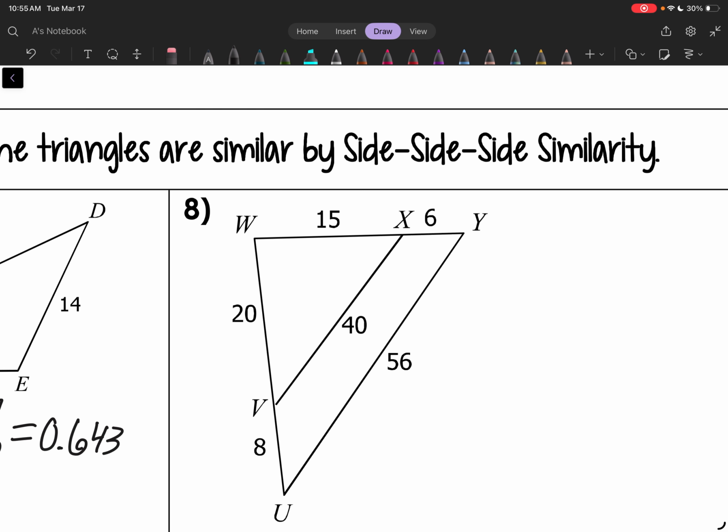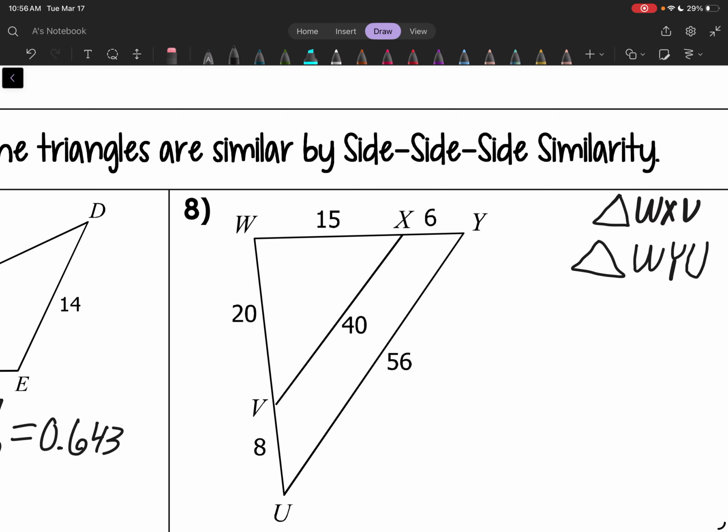I have triangles WXV and triangle WYU. WX is 15, XV is 40, WV is 20.